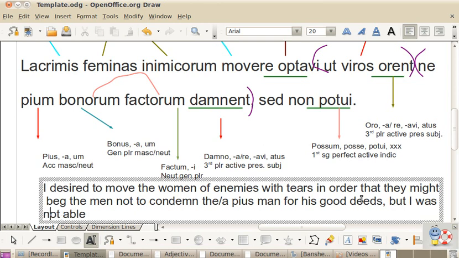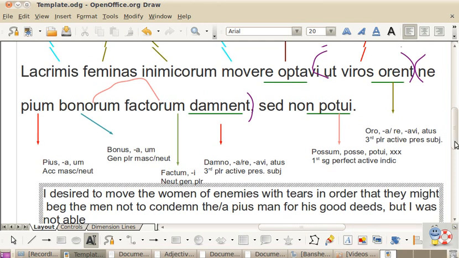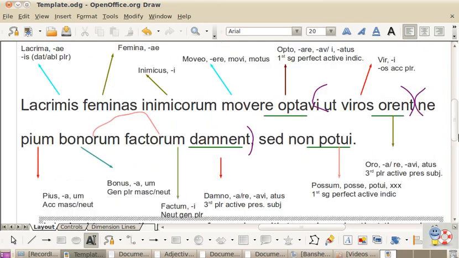So let's look at the whole sentence here as it's marked up. Lacrimis feminas inimicorum movere optavi, ut viros orent, ne pium bonorum factorum damnant, sed non patui. And we have our completed translation.